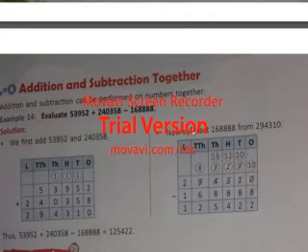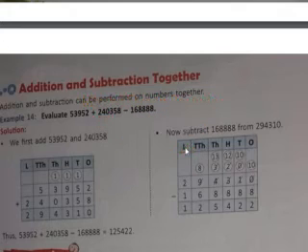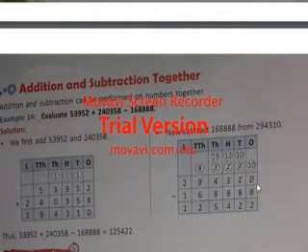From means at the top, and here also this becomes the bigger, so this from this will be subtracted. So you can see here it has been written. You can even write ones, tens, hundreds, thousands, ten thousands, lakh, or if you do not desire to write, you can't write also, no problem, but numbers should be written. You can see at first it has been written 2,94,310, and from there you have to subtract 1,68,888.